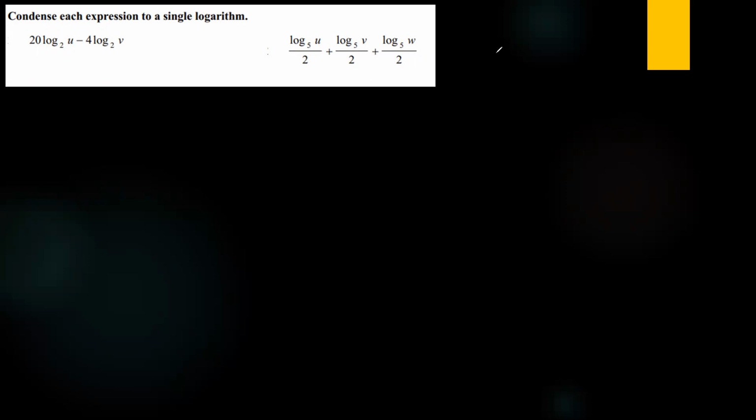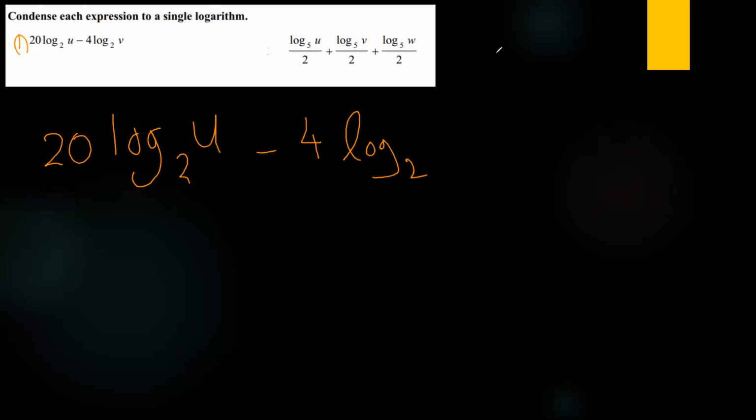The first one here, we have 20 logarithm to the base 2 of u minus 4 logarithm to the base 2 of v. So now, in this case, we have 20 times logarithm to the base 2 of u.